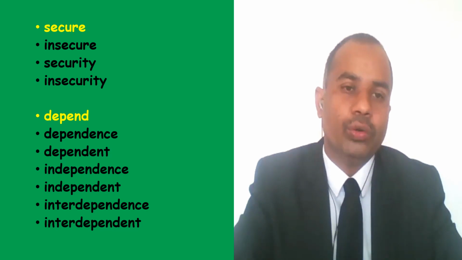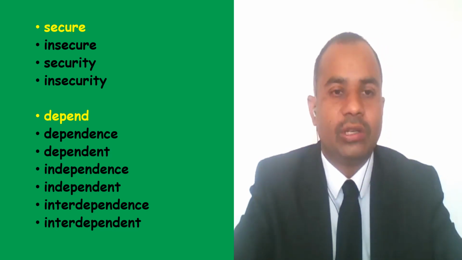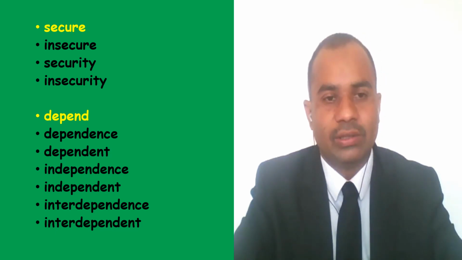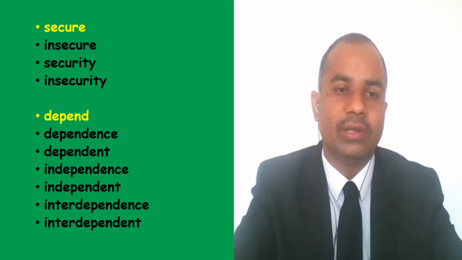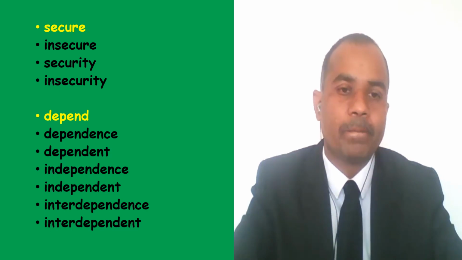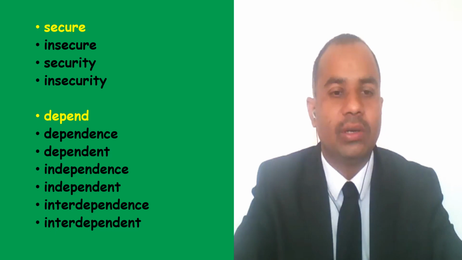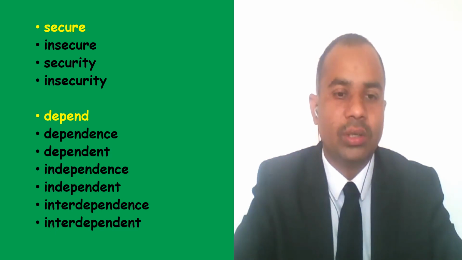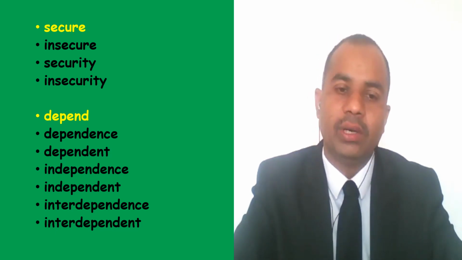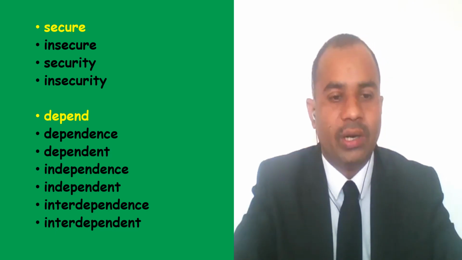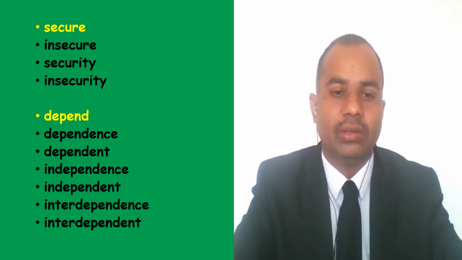We have secure, so we have insecure, security and insecurity. So you are getting this via the suffix ity and in as a prefix. Depend gives different words like dependence, independent, independence, interdependence, and interdependent.